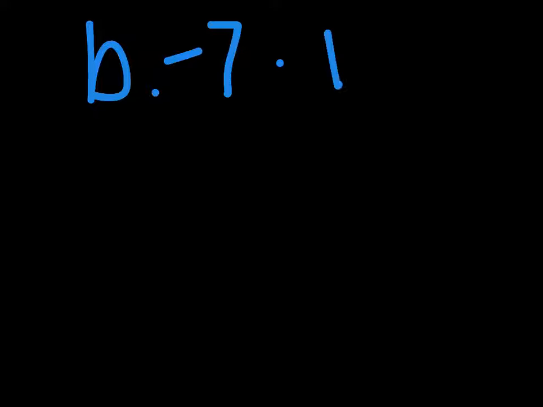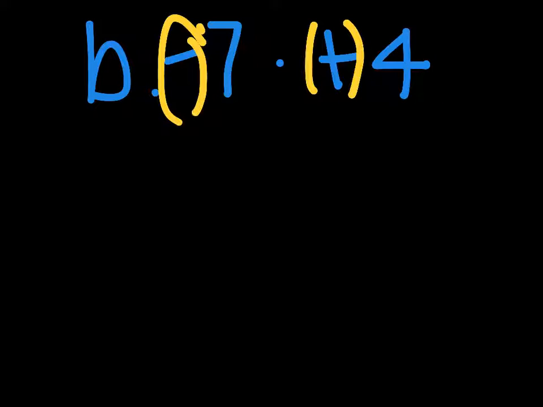Let's move on to example B, which is 7 times negative 7, times positive 4, and I'm going to put the positive in there just so that we can be able to remember. So I'll put it in parentheses, okay? Positive 4, okay? Looking at their signs, do they have same signs or different signs?